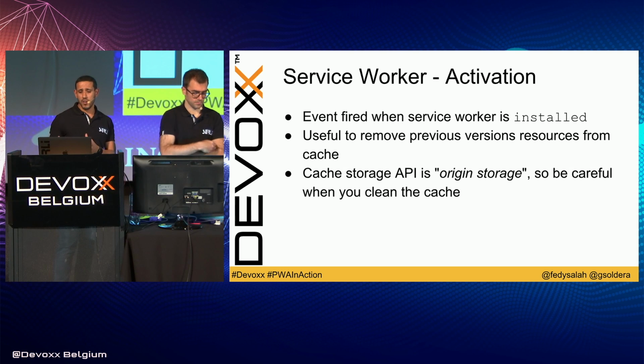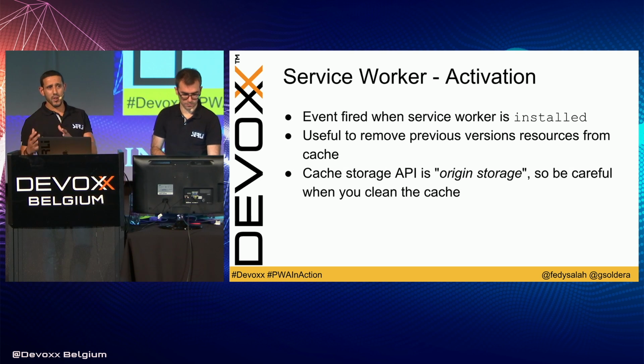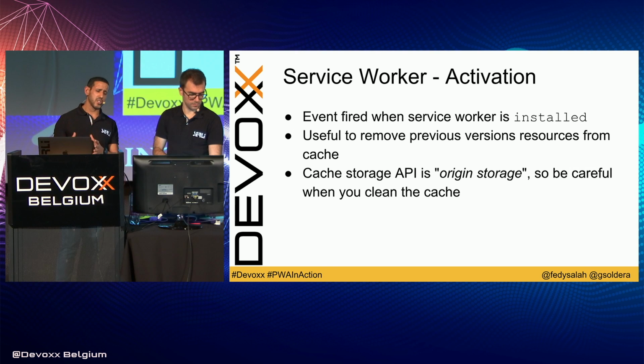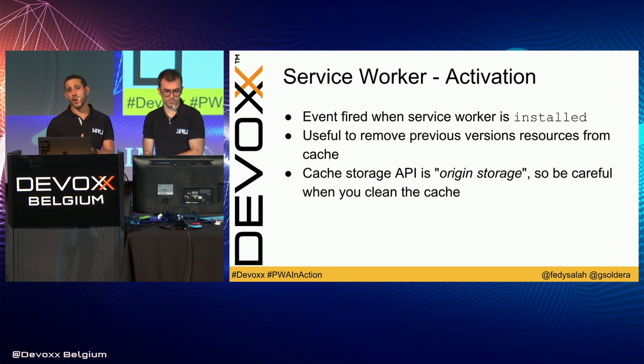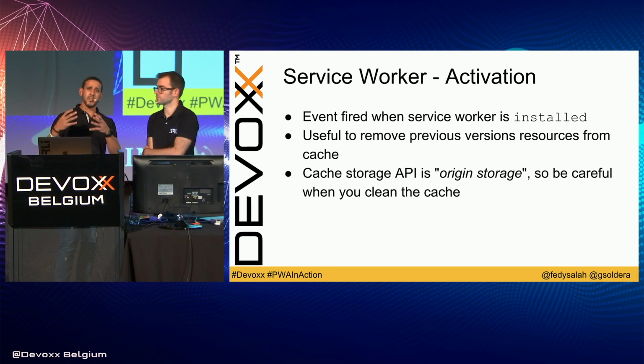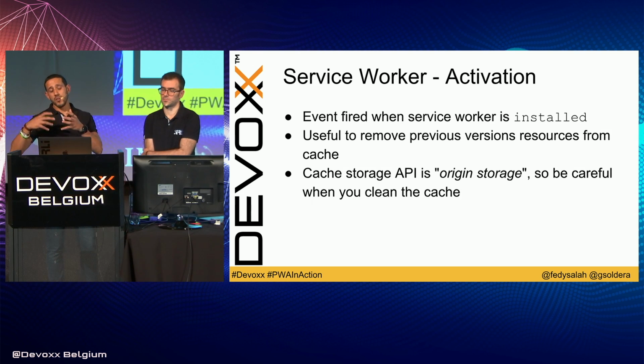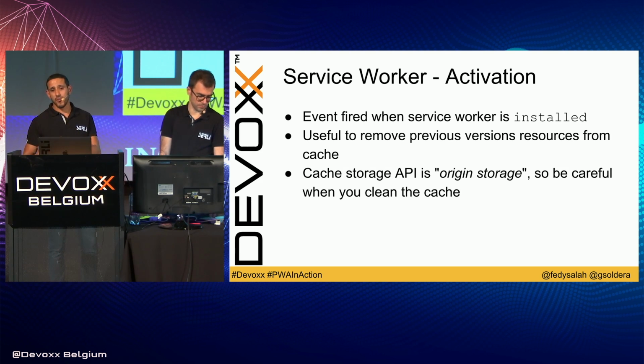When the activate event is fired, it means that we provide a new implementation of the service worker, either for the first time, so we activate the service worker for the first time, or the next time we change the implementation of the service worker, the install event will be triggered and the activate event will be triggered again.